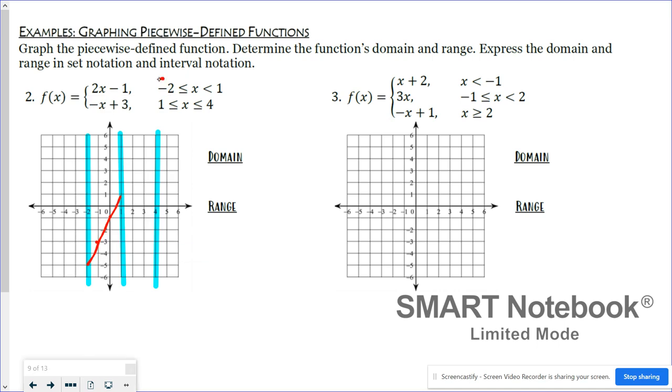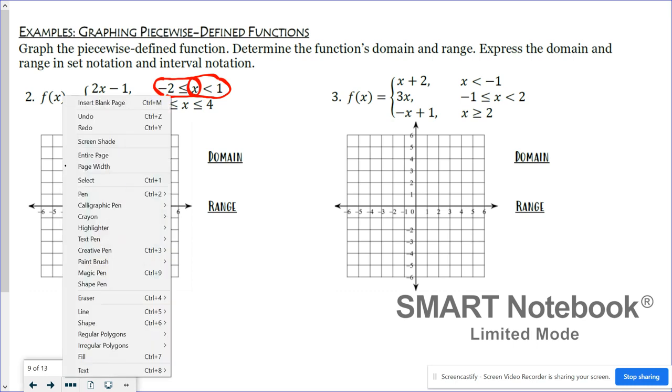At the fence at negative 2, you see how it says less than or equal to? That means I'm going to have a solid point on that fence. Regarding the fence at 1, it's simply less than, so I'm going to have an open circle. So that's the first piece. Looks pretty good, right?